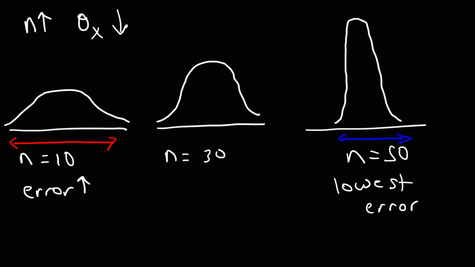So the standard error, or the standard deviation of the sample mean, is going to be the lowest when n is the greatest. So just keep that in mind. As the sample size increases, the standard deviation of the sample means will decrease, causing the graph to have a more narrow and taller shape.